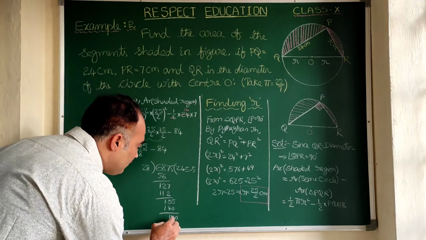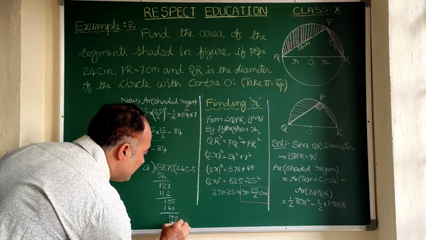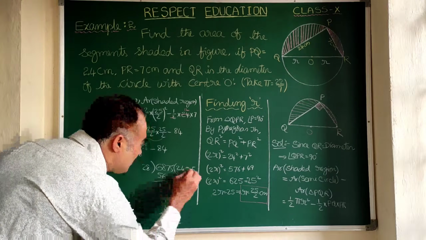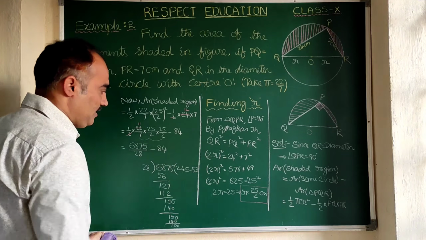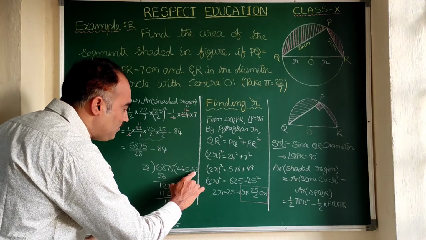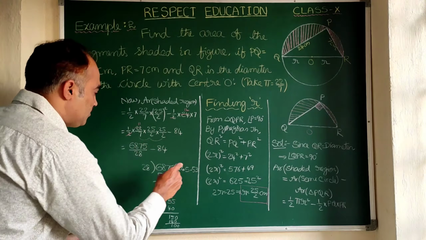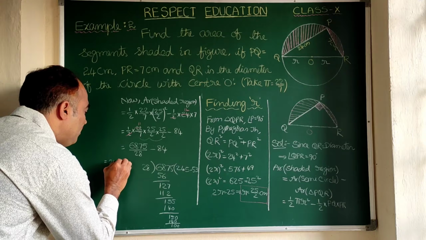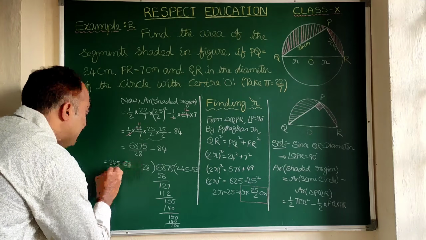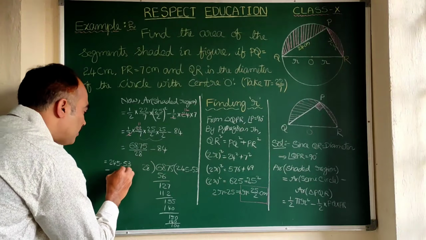Clear? So here we will get again 140. So here 10 is left. Because of the decimal, 100 will come. 28 3s are 84. After getting the decimal, if we get 2 places, we can stop. So here I am writing this as 245.53 minus this 84.